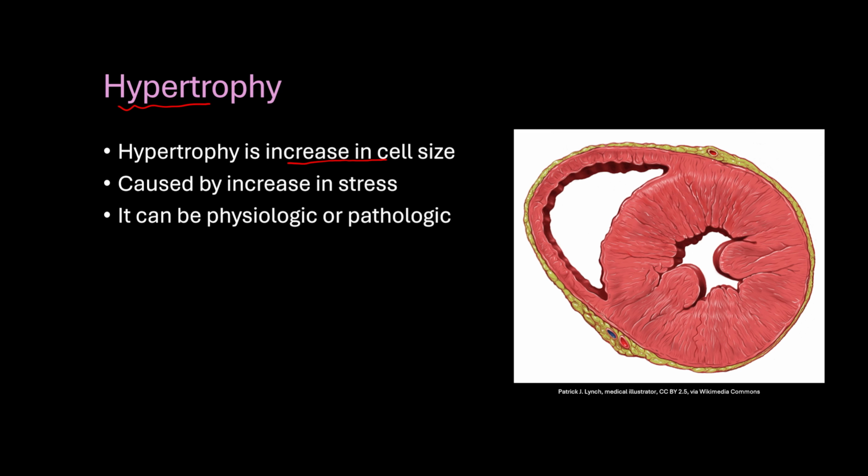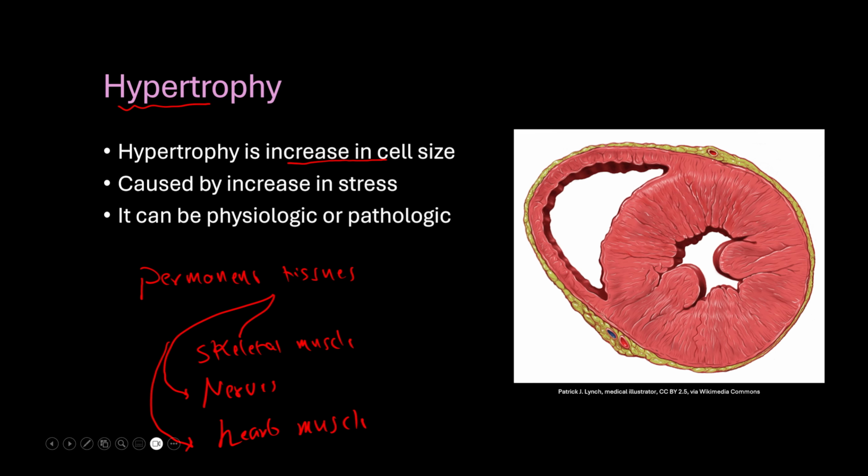Now, hypertrophy and hyperplasia occur together in almost all of the tissues inside the human body except for the permanent tissues. In permanent tissues, pure hypertrophy occurs, meaning only hypertrophy occurs to increase the organ size. The permanent tissues include the skeletal muscle, the nerves, and the heart muscle.